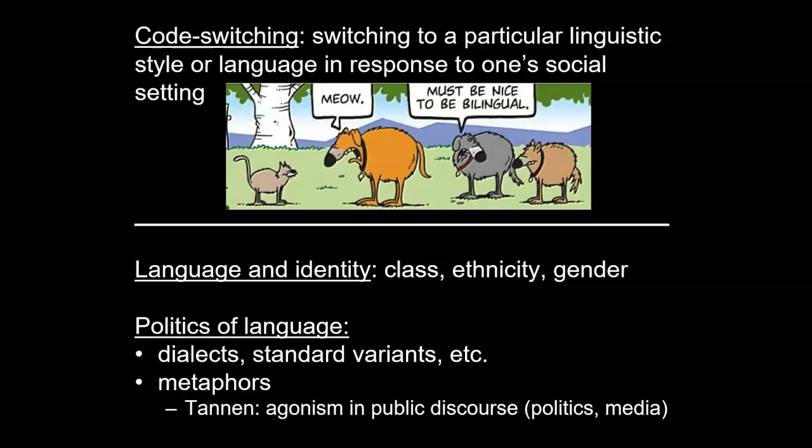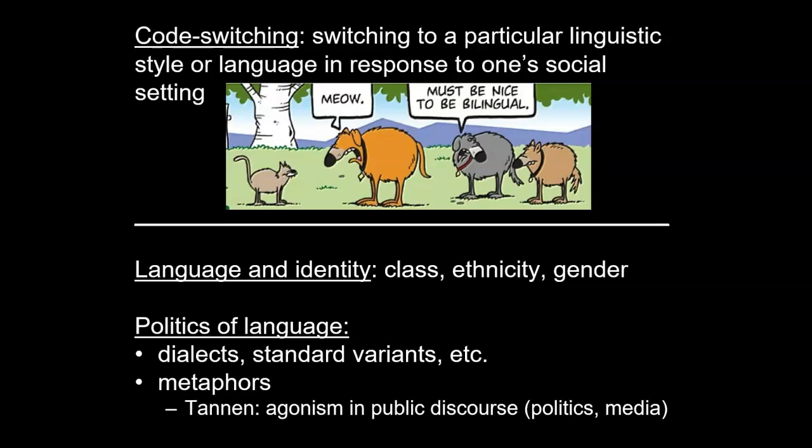Now, we can extend that notion to include people who are not necessarily bilingual. So even if you speak one language, you're not switching between, say, English and Spanish or Spanish and French. You're speaking, say, English and English only. You still engage in code switching. It's just that you're not switching from one language to another. You're switching from one style of language to another.